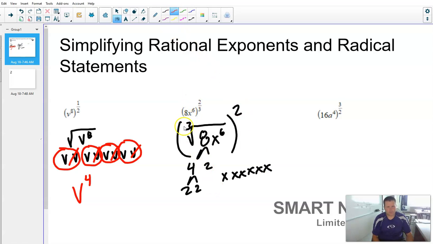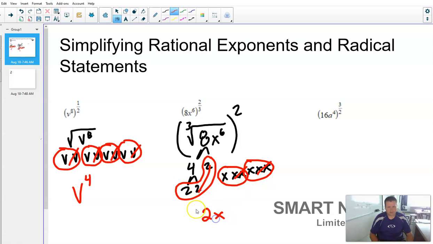And then I need groups of 3 now because I'm dealing with a cube root. So I do have a group of 3 2's, and then I actually have 2 groups of the x's, and then remember I get rid of 2 of them, and so I'm left with this 2 and then the x and the x.